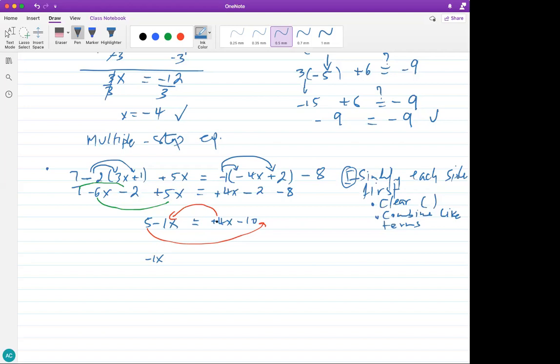If we take this positive 4x, you move it across the equal sign to the other side. What happens to it? Something happens to this if it moves to the other side. What exactly happens to this 4x?